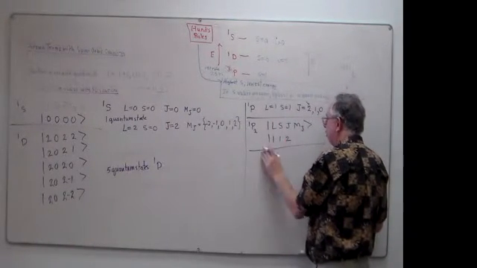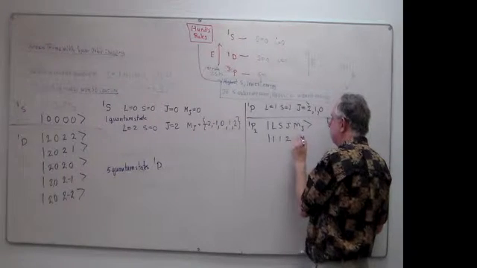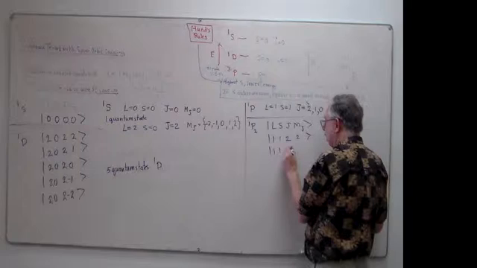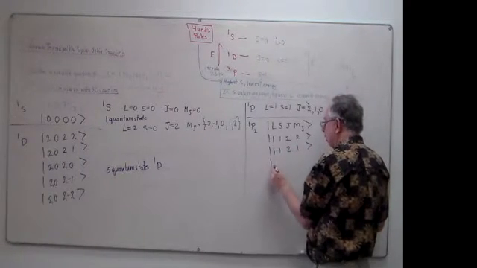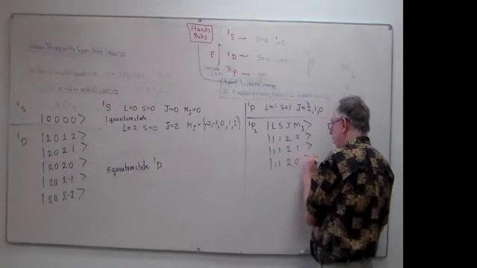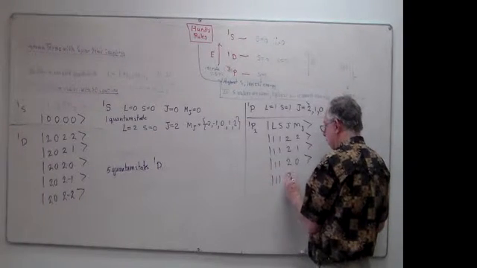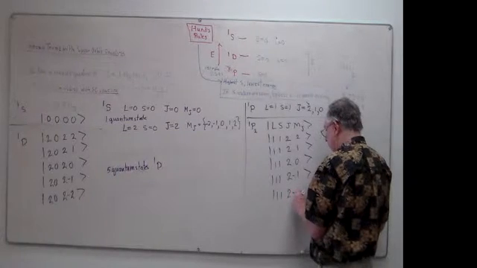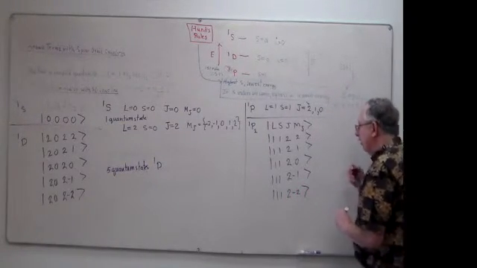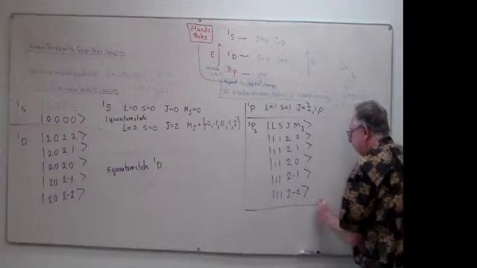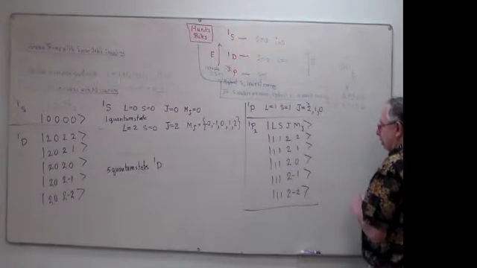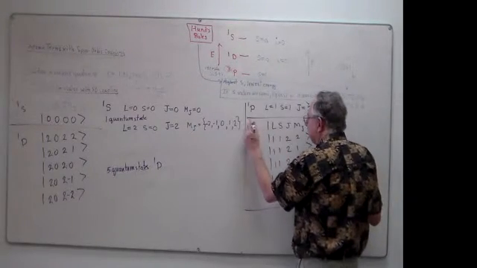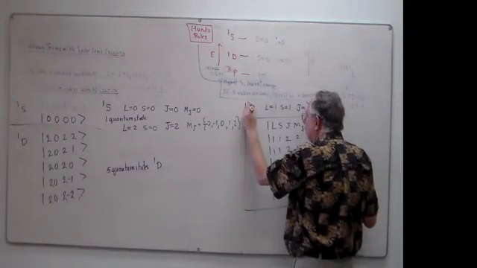J equals 2, and M sub J can take on the values 2, 1, 0, minus 1, and minus 2. Shouldn't that be triplet P? It's a singlet P up there. Oh, it should be a triplet P. Exactly right. Okay.